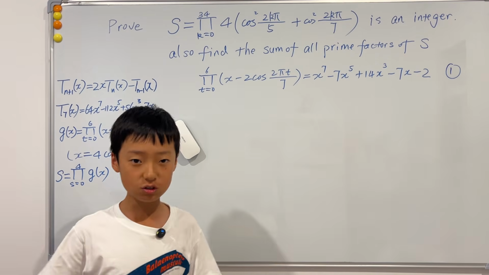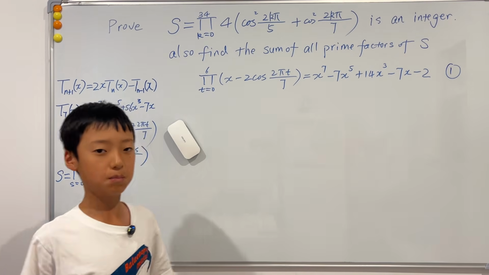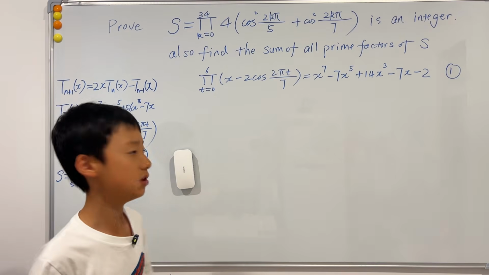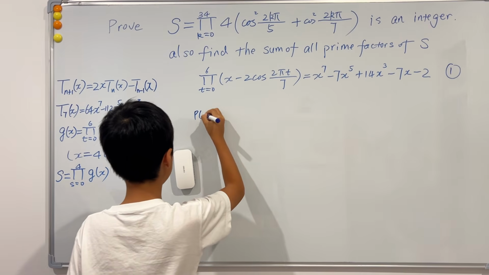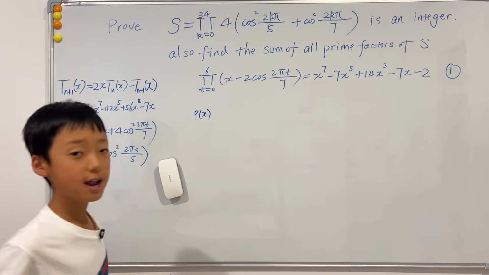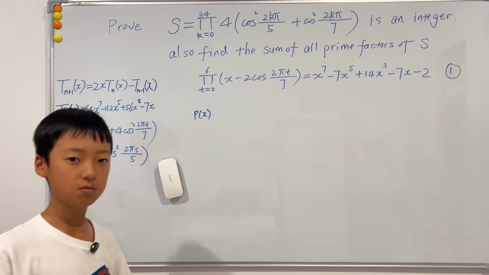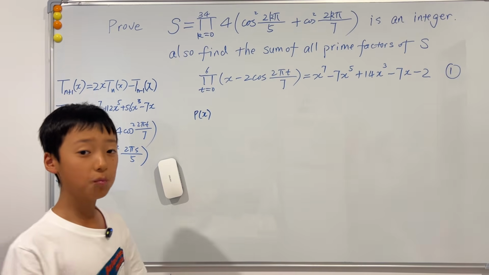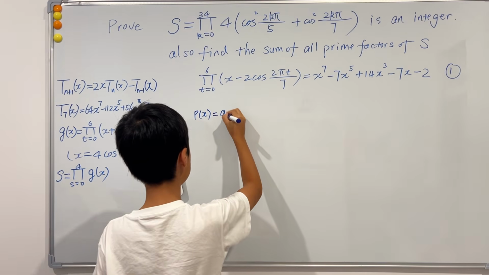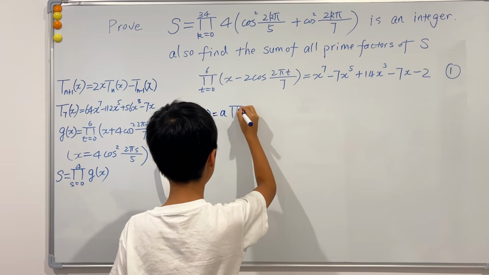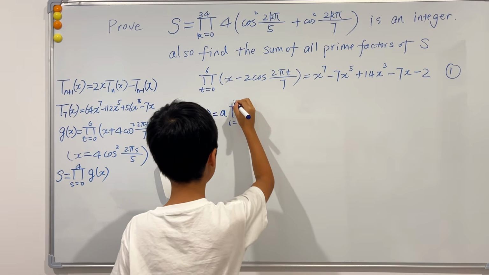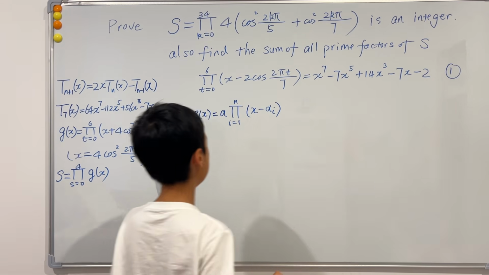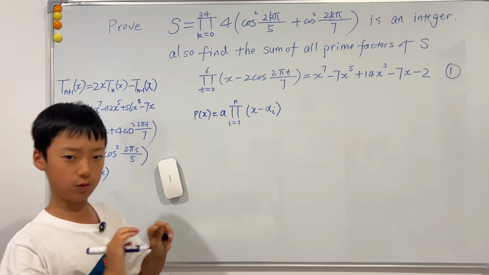Then I'm going to introduce to you a fundamental theorem about polynomials. The fundamental theorem is, if we have a polynomial p of x, and this is not the same p of x as we had just then, this is just a general polynomial, and we can write it in the form of some constant a multiplied by capital Pi, when i goes from 1 to n, of x minus alpha i, then we can replace x with whatever we want.